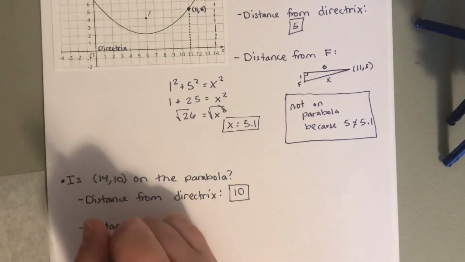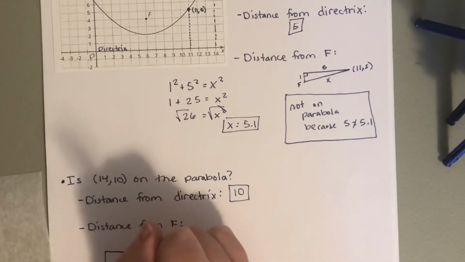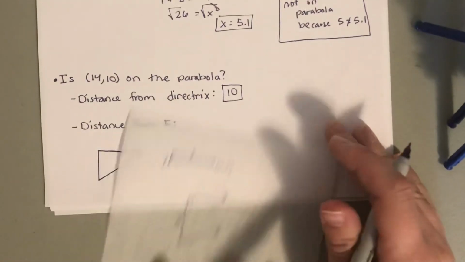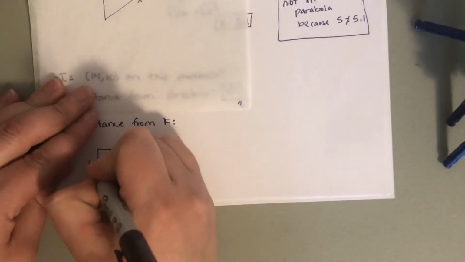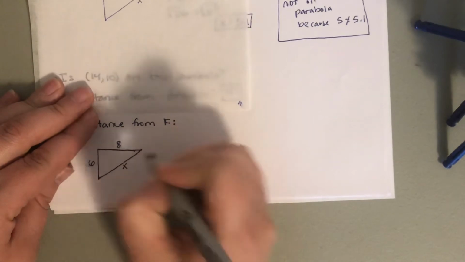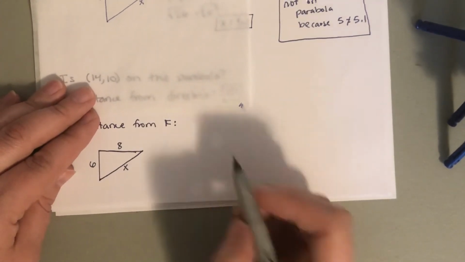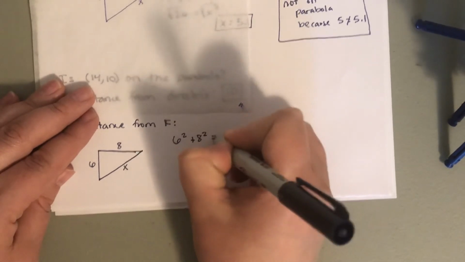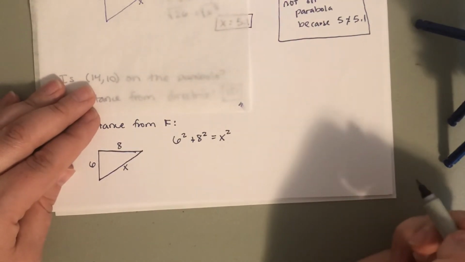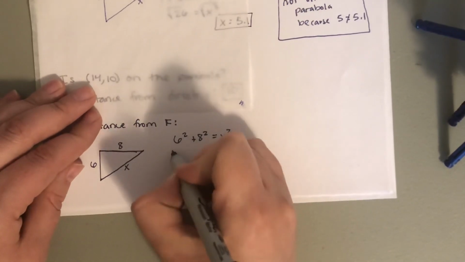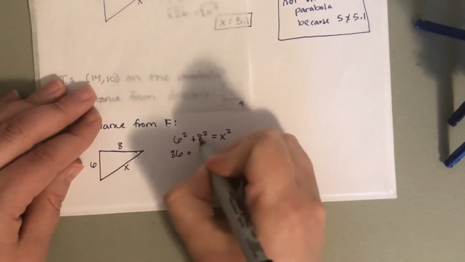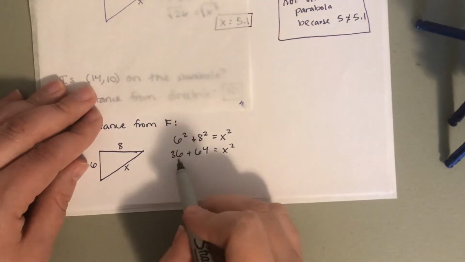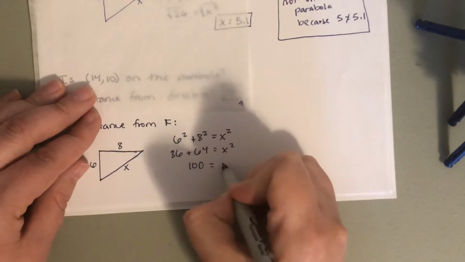Okay, I'm just going to redraw my triangle from my patty paper. So 6, 8, x, and I need to find that distance right there. So I'm going to say 6 squared plus 8 squared equals x squared, just using the Pythagorean theorem. I know 6 times 6 is 36. I know 8 times 8 is 64 equals x squared. 36 plus 64 is 100.